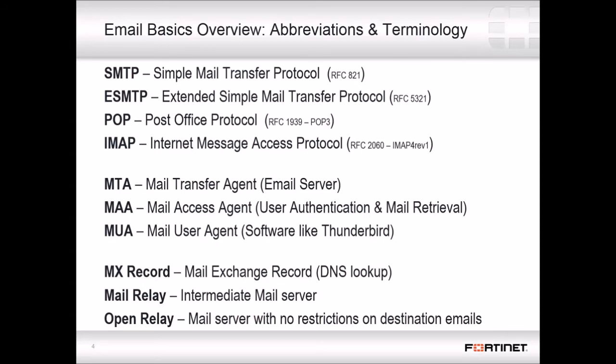MX record is a mail exchange record. It's like an address record in DNS, but specifically formatted for the purposes of email. A mail relay is an intermediate mail server, something in between the client and destination. Finally, Open Relay is when a mail server is configured with no restrictions on destination emails.